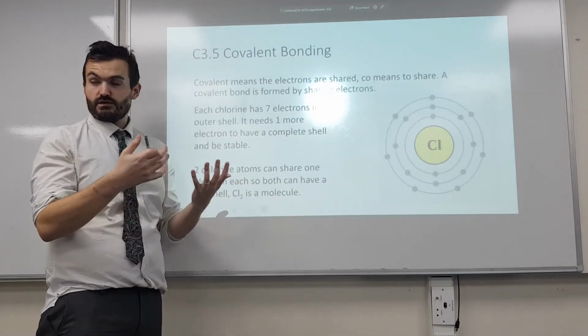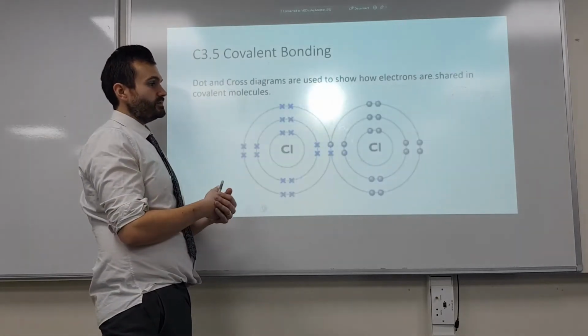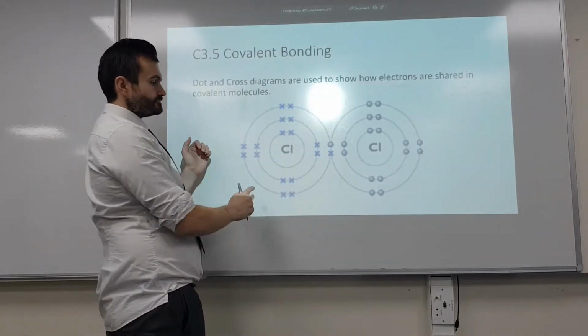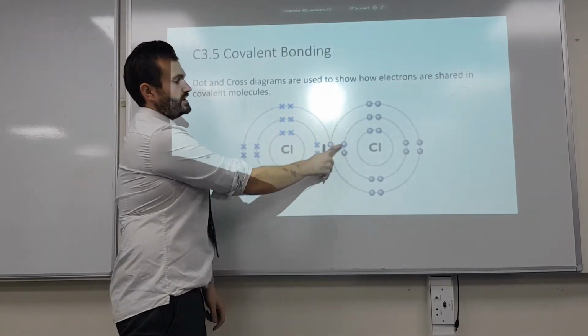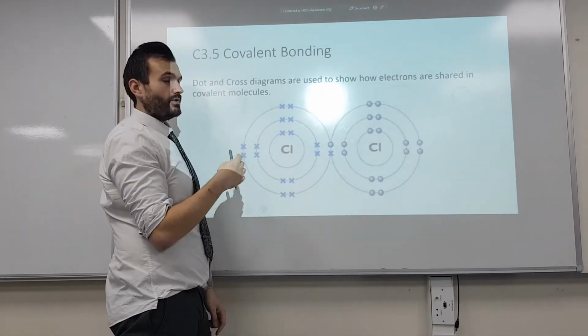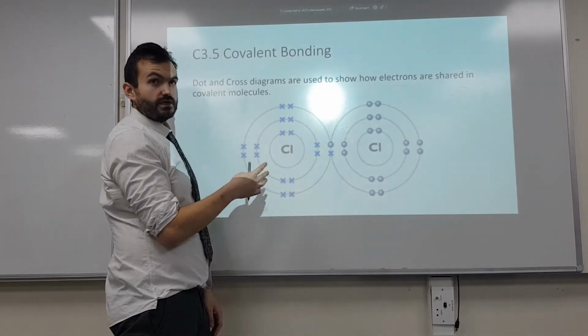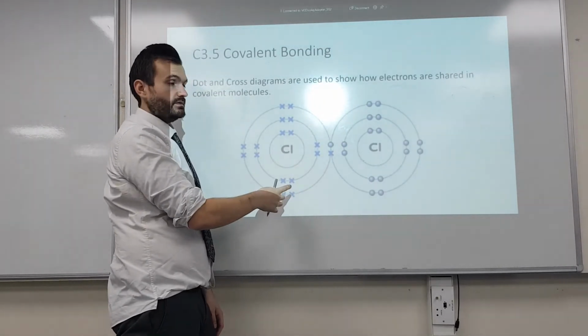It would have the electronic configuration of argon, and it would be stable. So here are my 2 chlorines together. This chlorine has shared 1 electron, this chlorine has shared another electron, and by sharing electrons, they both have 8 in the outer shell, so they're both stable.